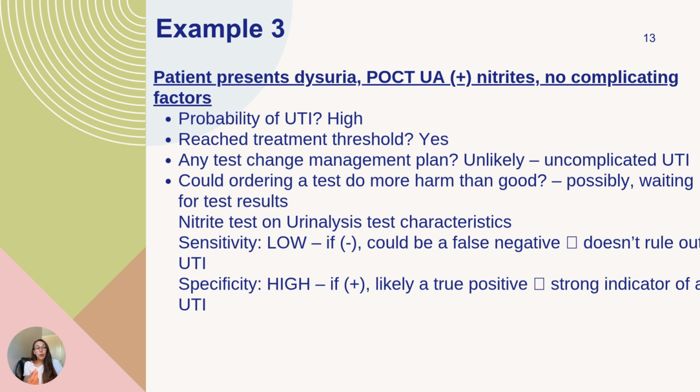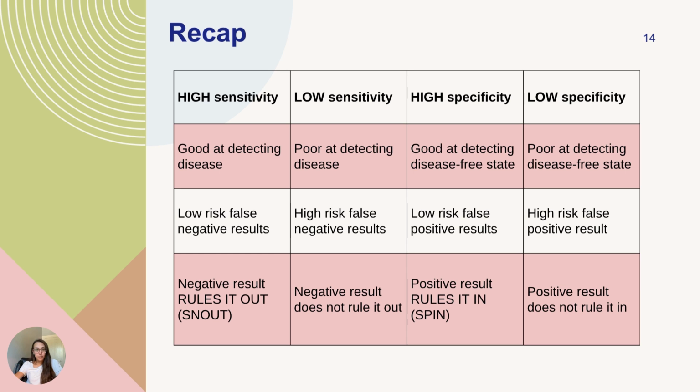It doesn't rule out a UTI because many bacteria don't produce nitrites, but that can still contribute to a UTI presentation. However, nitrites do have a high specificity on urinalysis. So if you get a positive result for nitrites, it's likely a true positive, and that is a strong indicator of a UTI, meaning you probably don't need to order any more tests for that.